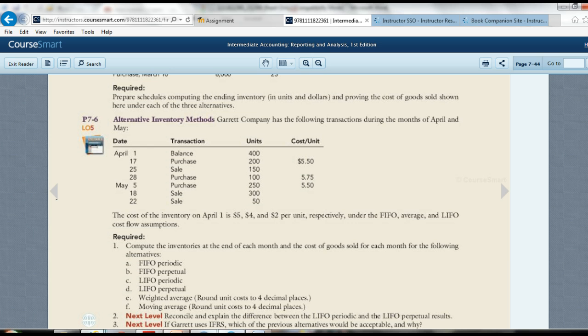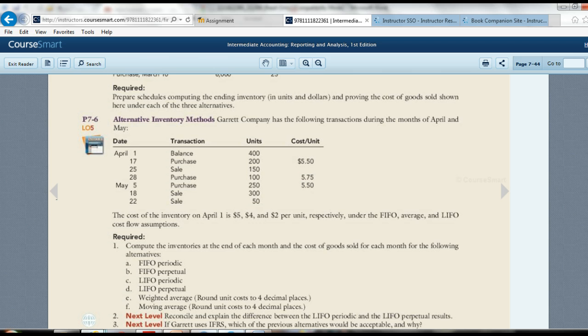So on April 1st, for FIFO, we're at $5 a unit. For LIFO, we're at $4 a unit. And for the average cost flow assumption, we're at $2 per unit. Our job is to compute the inventories at the end of each month and the cost of goods sold for each month for the following alternatives.